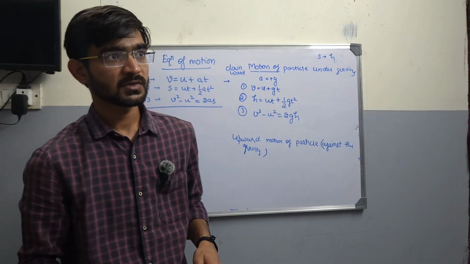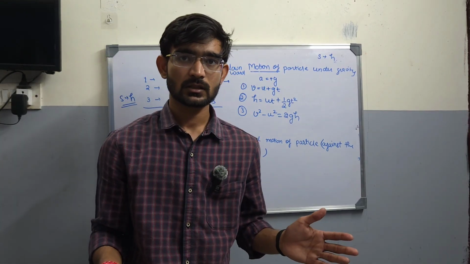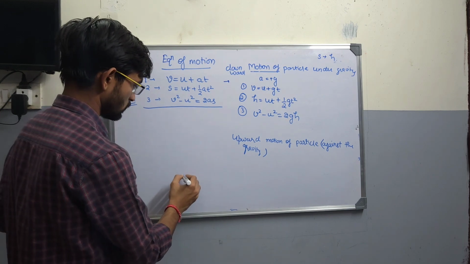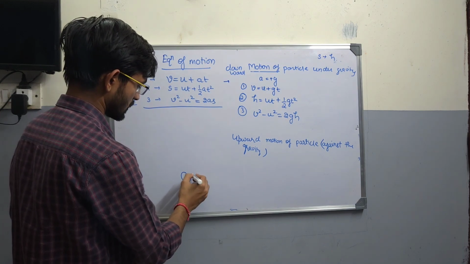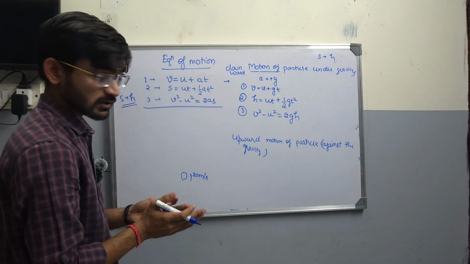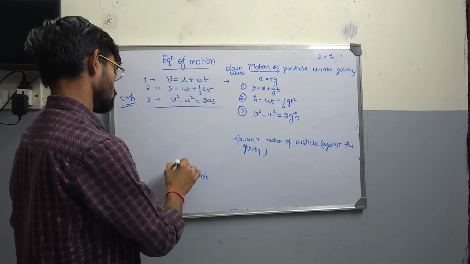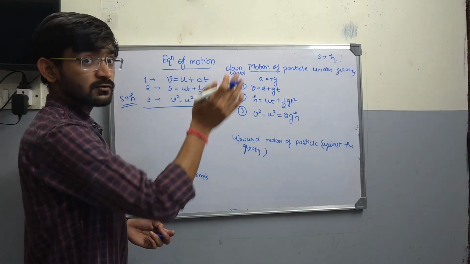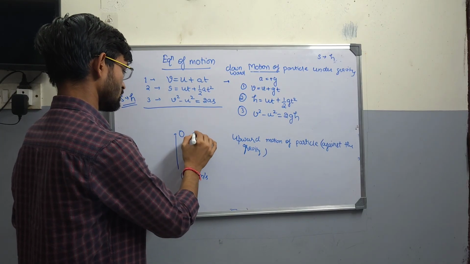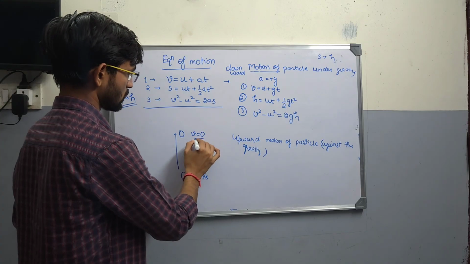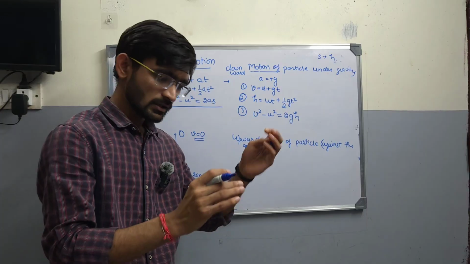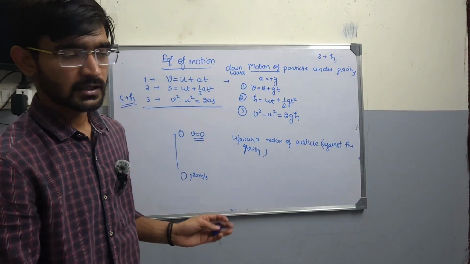So when you throw something upward, its velocity decreases. Suppose you throw a ball with speed 20 meter per second in upward direction. As it goes, its velocity keeps decreasing continuously, and at some height its velocity will be 0, and at that height it will be at rest, and then it starts falling in downward direction.